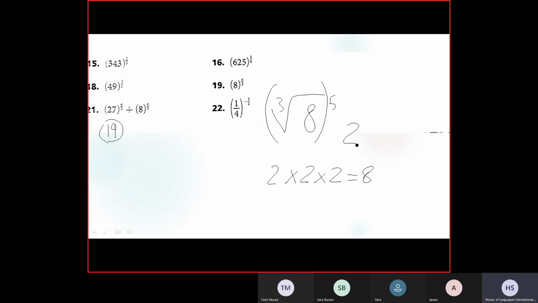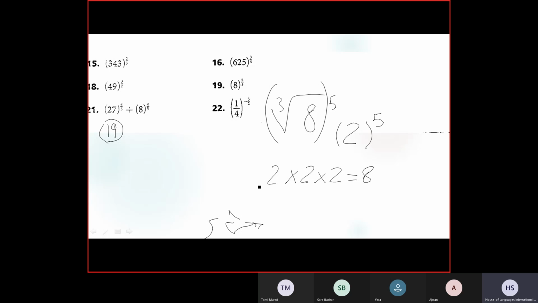Here now 2 times 2 times 2. I repeat 3 times. But doesn't it mean here this is 3? Here the cubic root of 8 is 2. Then 2 times 2 times 2 is 8. So I replace the cubic root of 8 with 2. Then 2 to the power 5 is what?